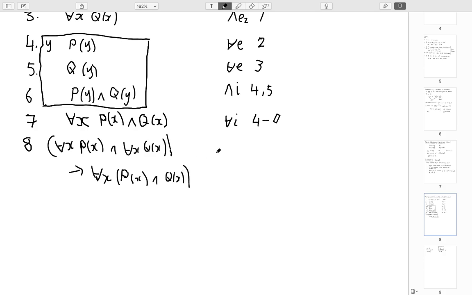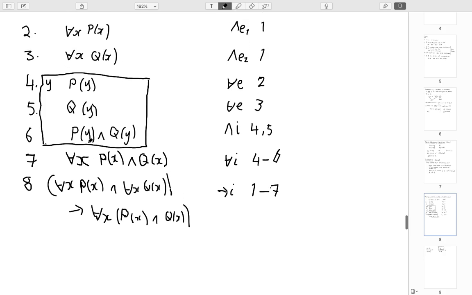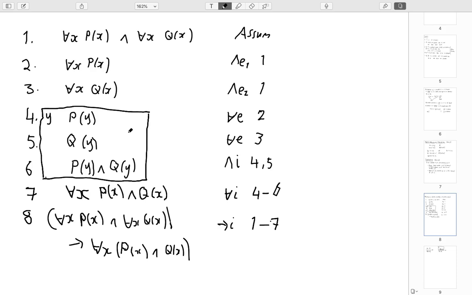This is by implies introduction, lines 1 to 7. Sorry, this was up here a 6, which seems to have turned into a box. And once again, because we're getting rid of the assumption at the top here, we put another box round, making the boxes nicely nested as they have to be.